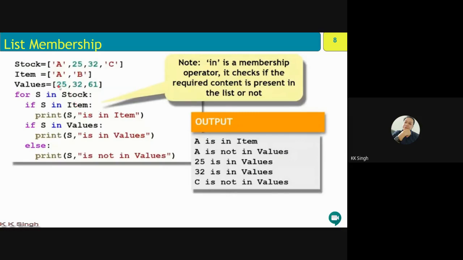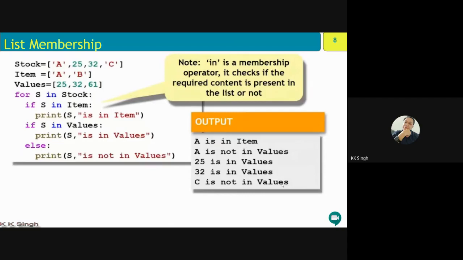C is not in values as well, so the statement that C is in values will not be printed. Rather, the message C is not in values will be printed. Hope this membership example is clear. We can do it practically, and you will be able to grasp the gist of this slide.